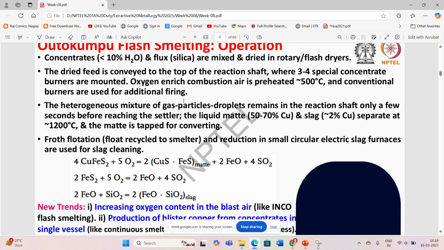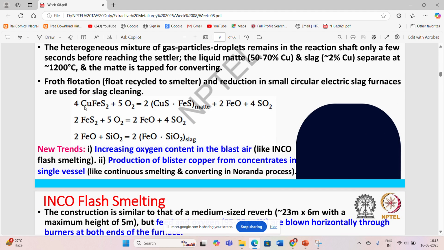Then froth flotation and reduction in small circular electric slag furnaces are used for the slag cleaning process. So 4CuFeS2, with the help of the oxidation roasting process, is converted into matte, which contains copper sulfide and iron sulfide, plus iron oxide, which reports to the slag phase by reacting with SiO2 as a flux material.